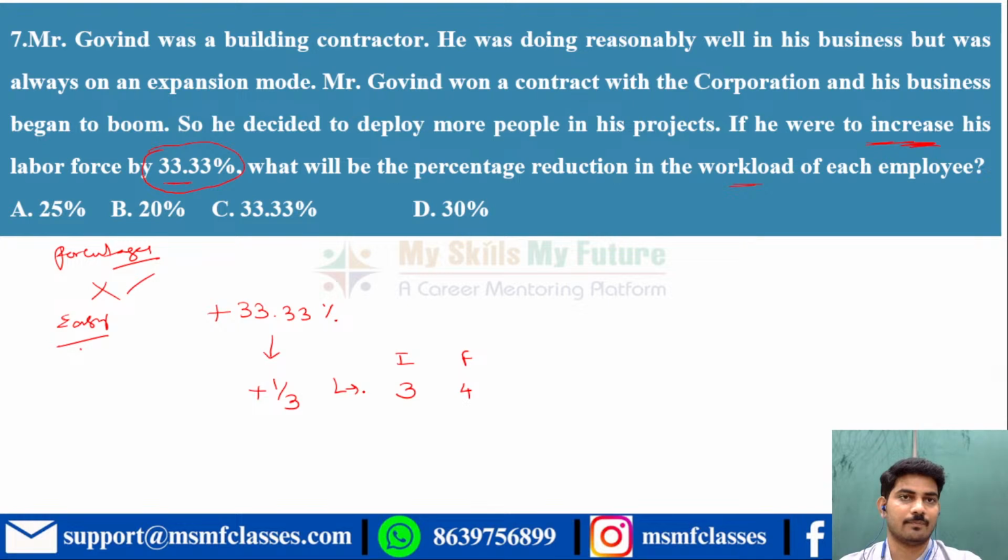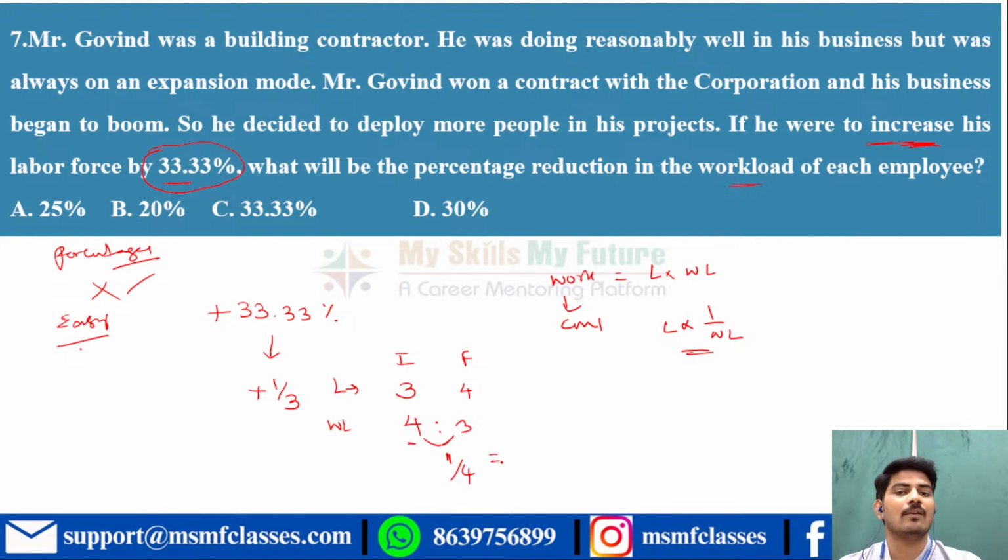Total work is equal to labor force into workload. So when the work is constant, labor force and workload are inversely proportional. So this will be like 4 is to 3. The workload will decrease by one part, out of how many parts, 4 parts. So this will be 1 by 4. 1 by 4 is nothing but 25%.